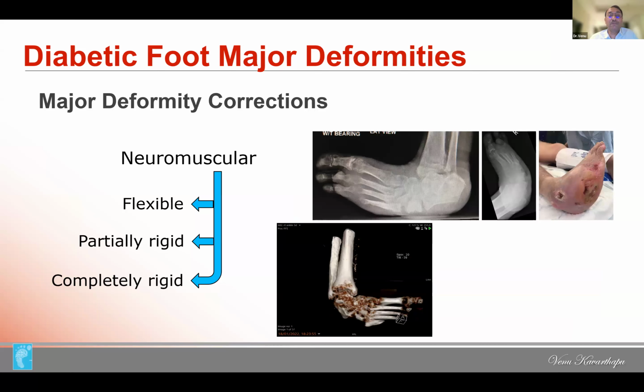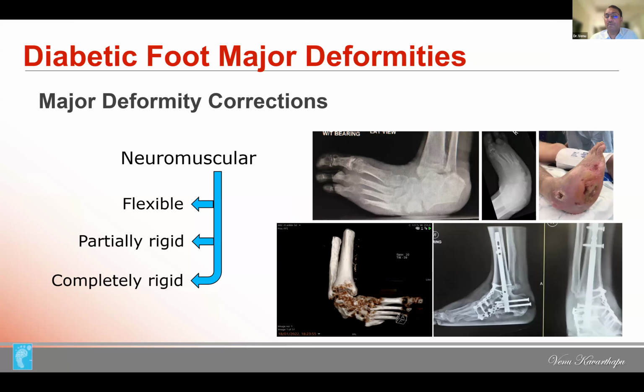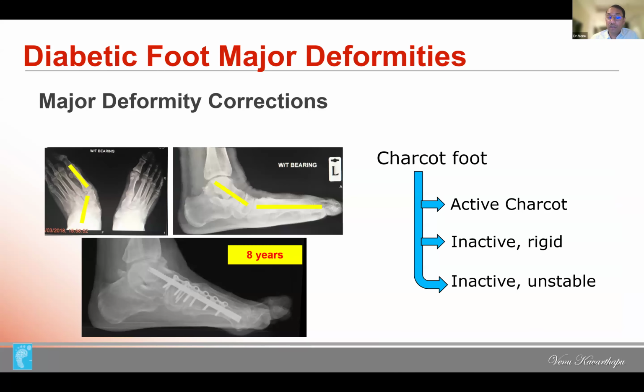But this one example is a very severe hindfoot plus midfoot Charcot deformity, again with a significant neuromuscular component. Using the same principles enumerated, we perform a combined hindfoot plus midfoot Charcot reconstruction that provides permanent correction through bone fusion, and the patient can regain full ambulatory status.